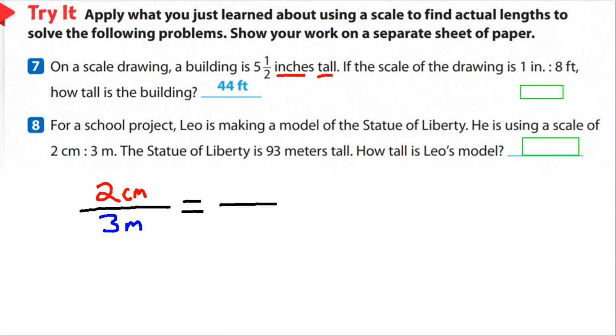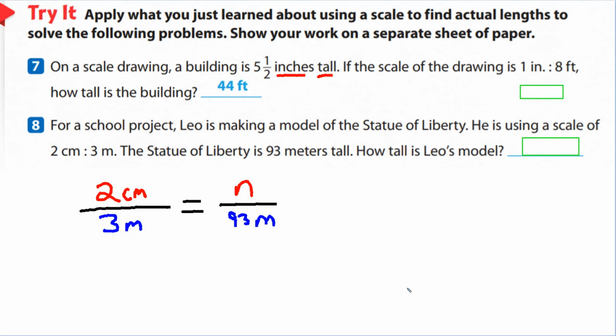Okay. Think about what information is given. The Statue of Liberty is 93 meters tall. So they're giving you the meters. So obviously they're asking, how tall is Leo's model? There it is. Right? And now, let's do the math.